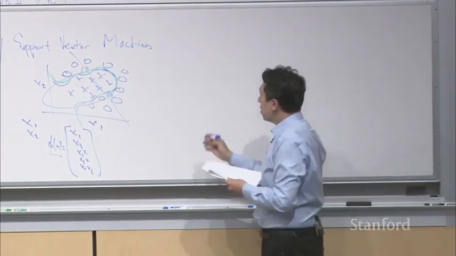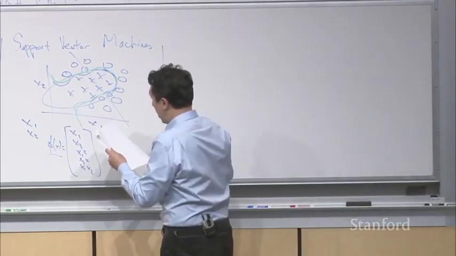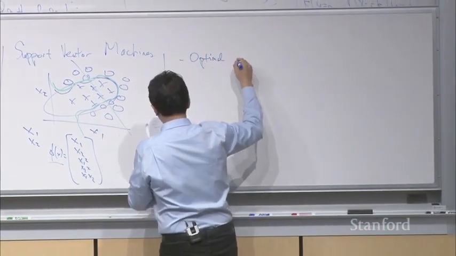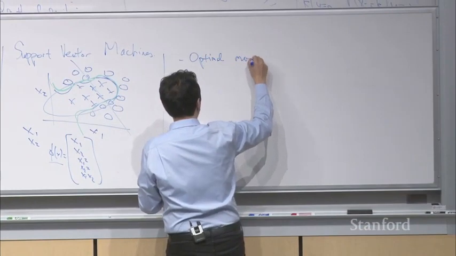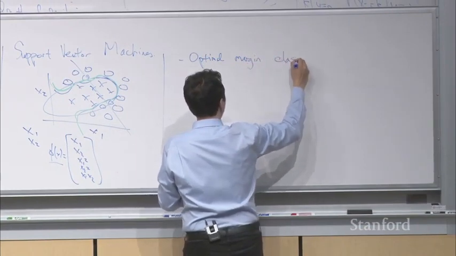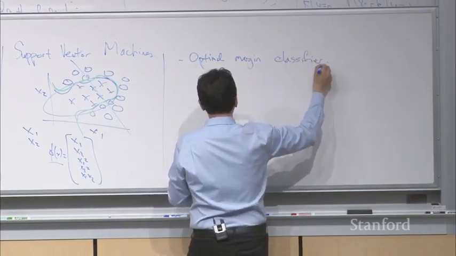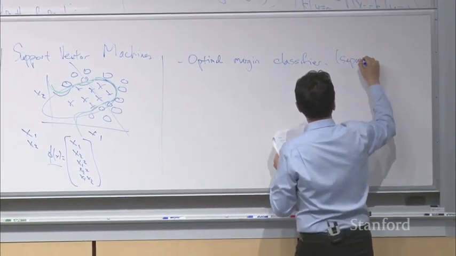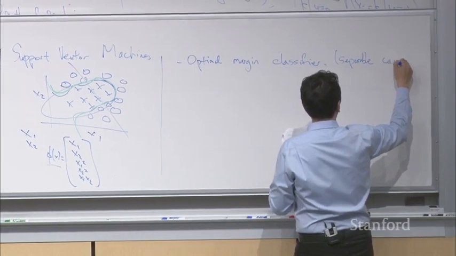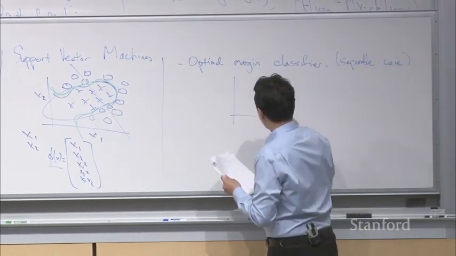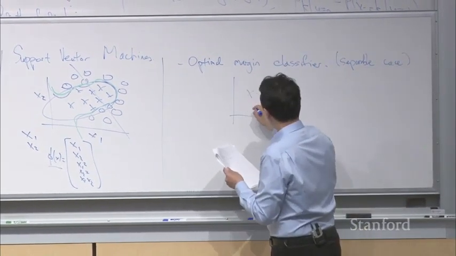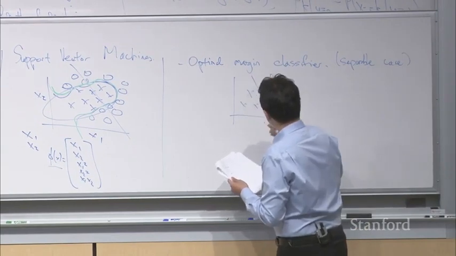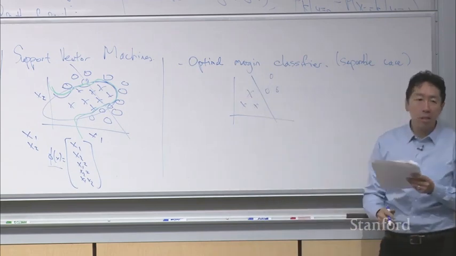So the roadmap is we're going to develop the following set of ideas. We'll talk about the optimal margin classifier today, and we'll start with the separable case. And what that means is we're going to start off with data sets that we assume look like this and that are linearly separable.